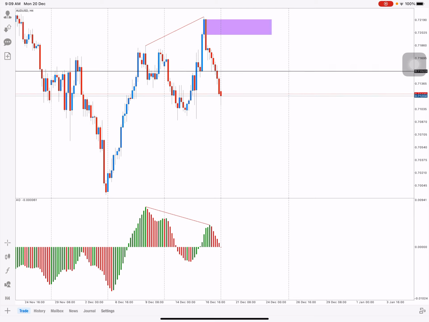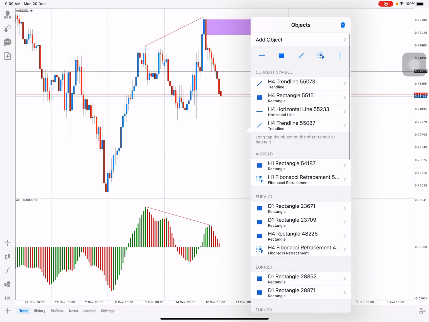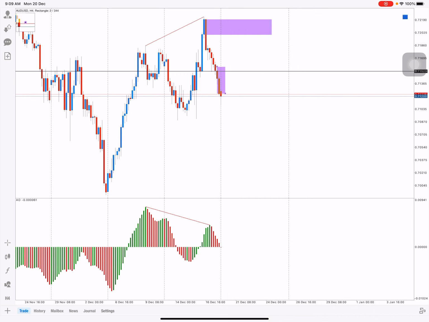This is where I see the nearest level of support, the previous support. Clearly, there is already a break in the nearest support.